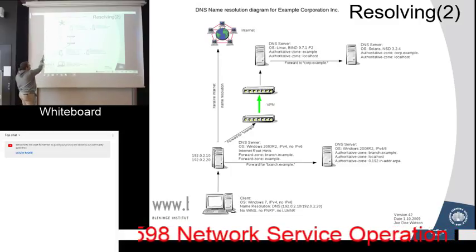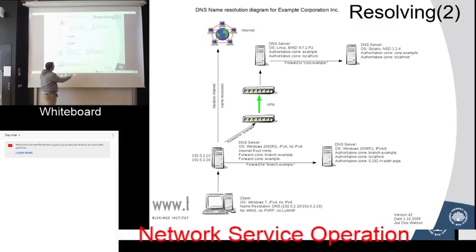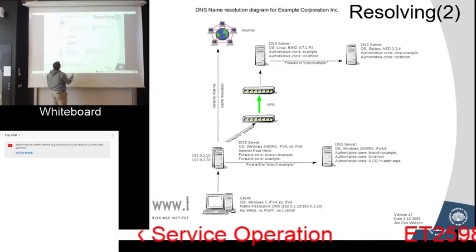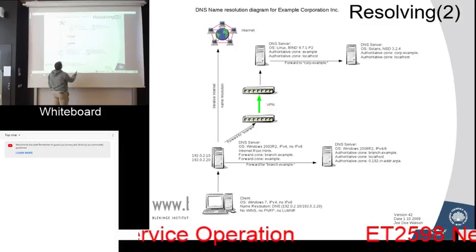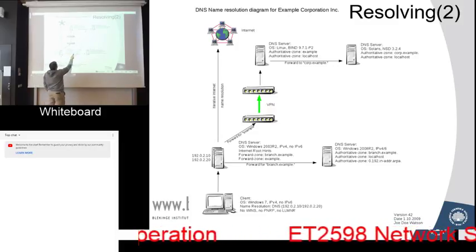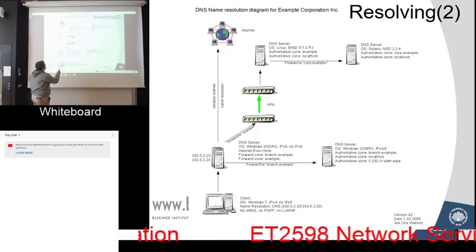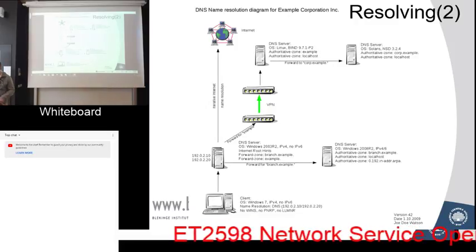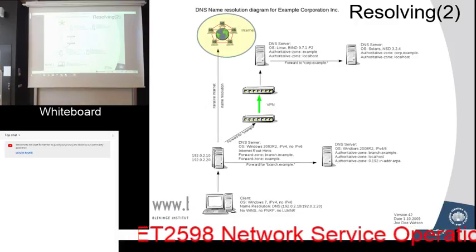And then we have the internet up top on there. We have another DNS, we have two DNS servers here. And then we have another setup over here that would handle certain other requests.